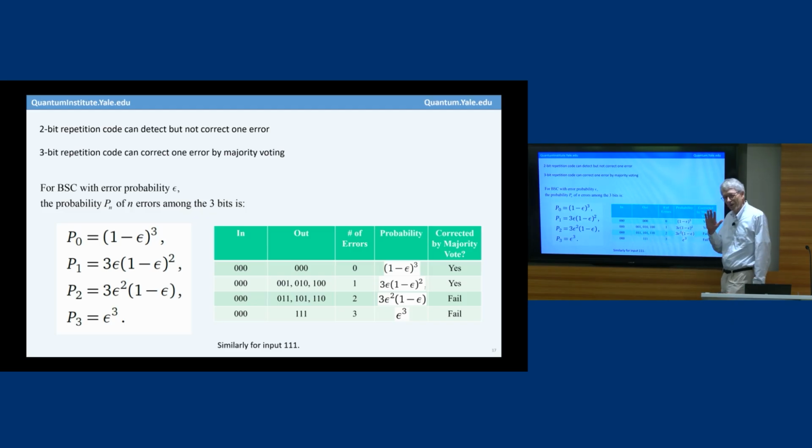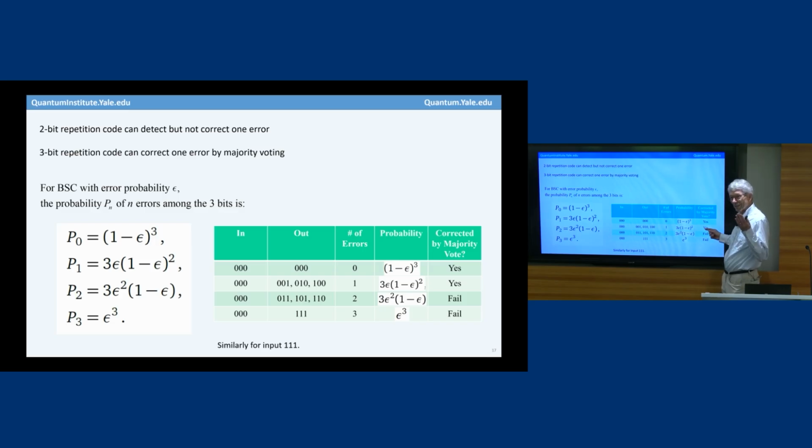But actually, it's a very rare situation where there were 3 errors. Okay? And again, the probability of no errors has now fallen because I'm sending 3 bits, each of which can have an error. But the most likely errors are the ones with only 1 error if epsilon is small. And I can correct those.